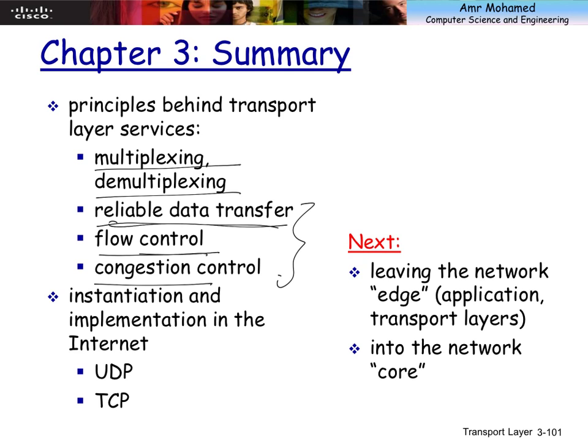This is one of the inherent bad features of TCP. It controls the flow and provides reliability at the same time. It's sort of mingled together, so you cannot separate one from the other easily. TCP is one package, take it or leave it. I cannot say, give me reliability but no flow control. Cannot do that with TCP.